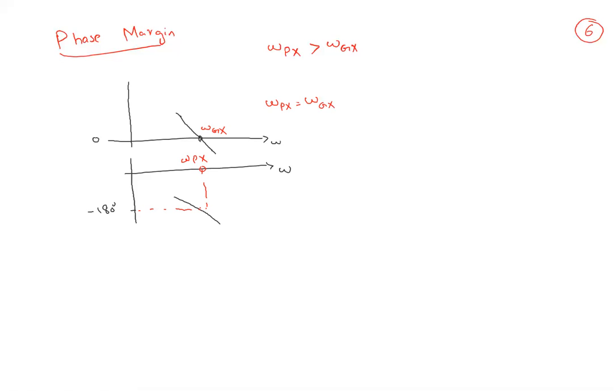So what I am saying, if omega px is equal to omega gx, if I have a system which is h of s and the response is y, I have a feedback k going here with -1, and this is x.